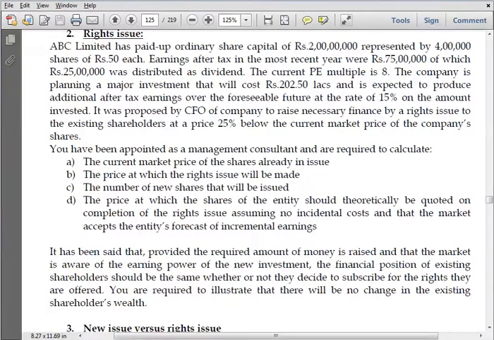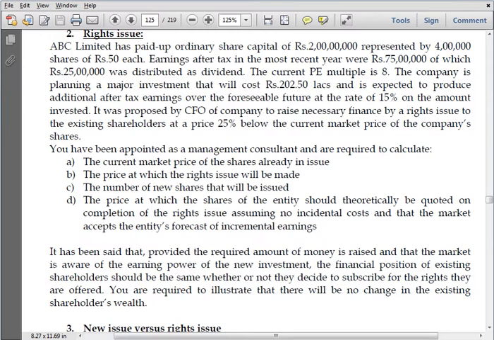We need to compute the NPV of this project to find the impact on share price.